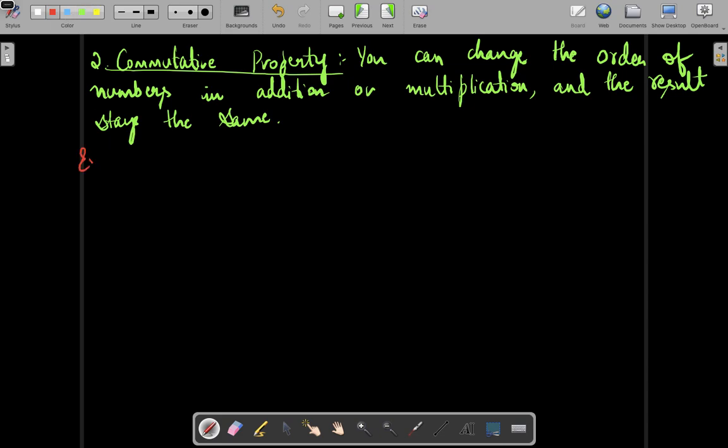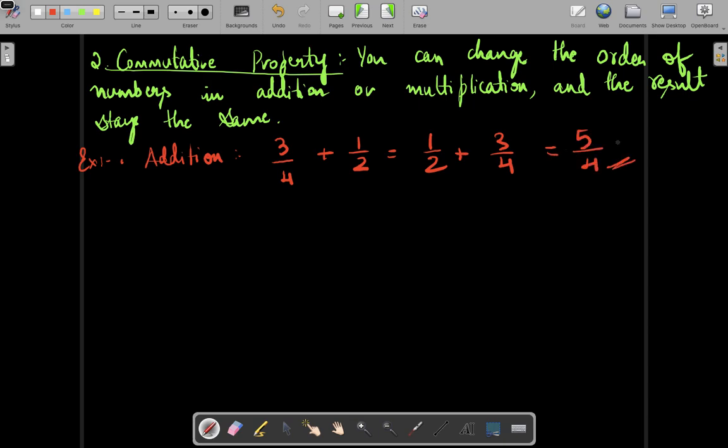For example, you have addition. Consider you're going to add 3 over 4 plus 1 over 2, or 1 over 2 plus 3 over 4. You get the same answer, which is 5 over 4, which is a rational number.